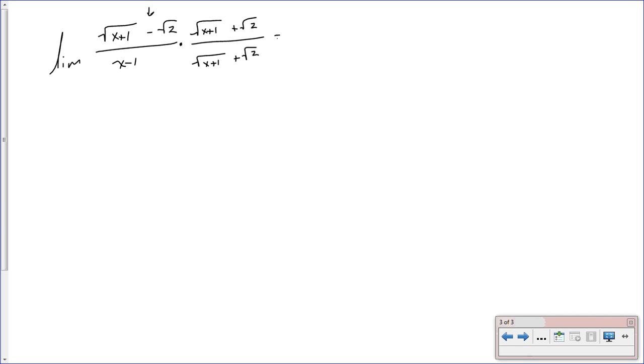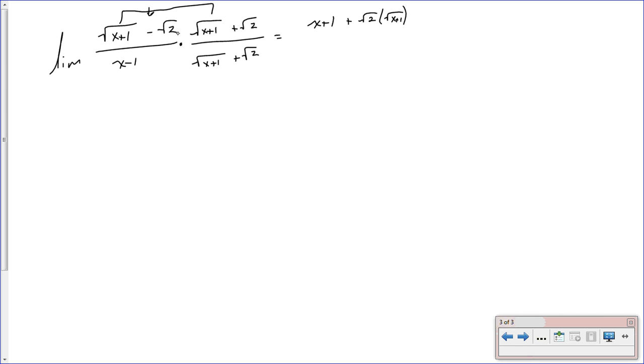Alright, now you're simply going to FOIL it out. So the square root of x plus 1 times the square root of x plus 1. When you multiply a square root by the same square root, the square root cancels out, leaving you x plus 1. And then you're going to have the square root of x plus 1 times the square root of 2. So square root of 2, I'm going to write that first, square root of x plus 1.